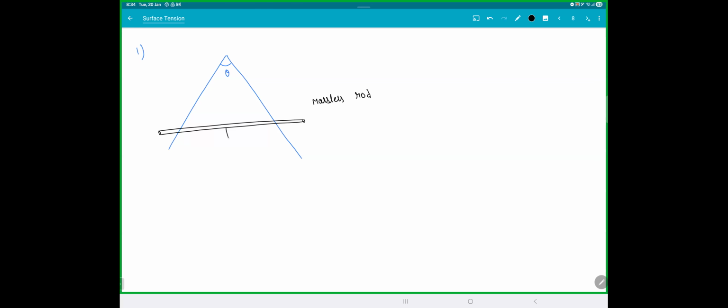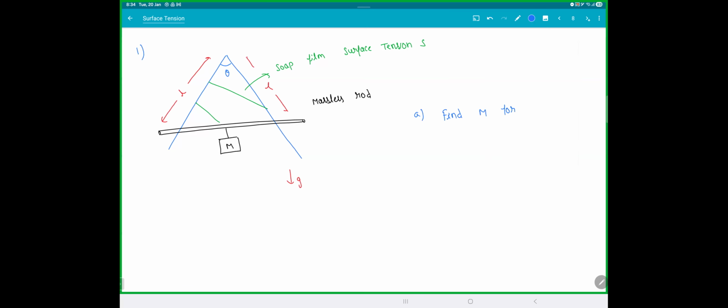And you attached a block of mass M here. And here we have a soap film. Surface tension S. This length is L. This length is L. And gravity is present. So find M if the system is at rest.